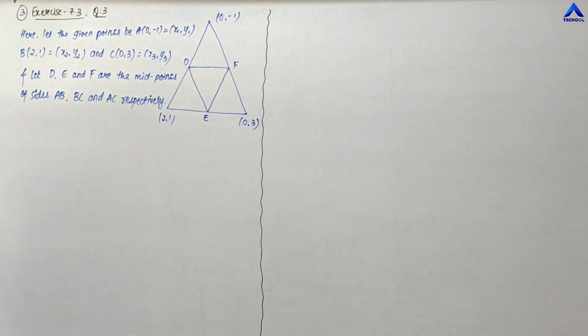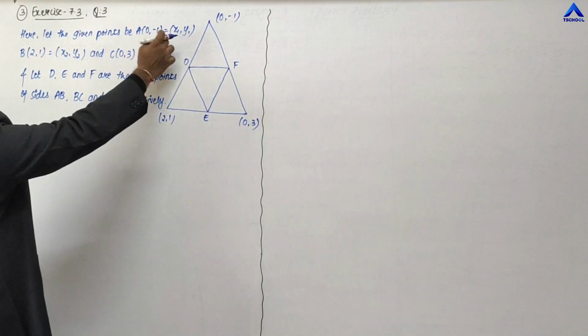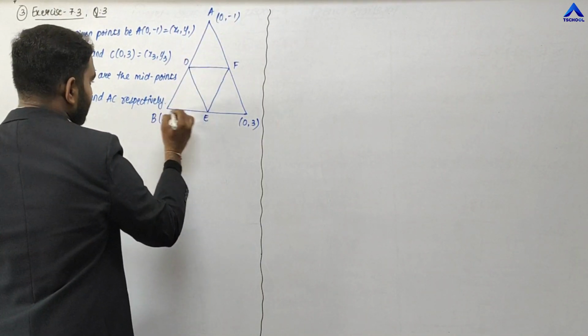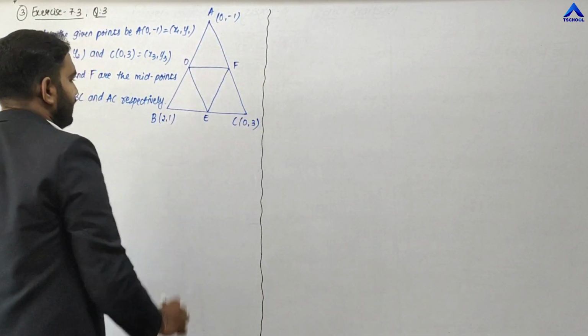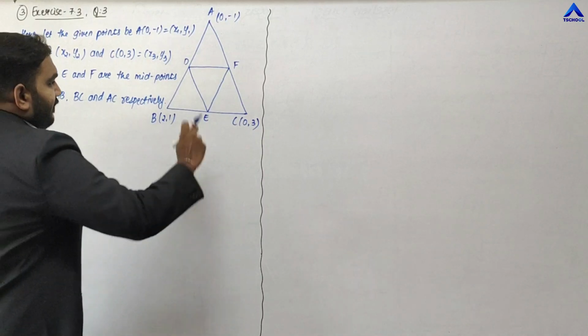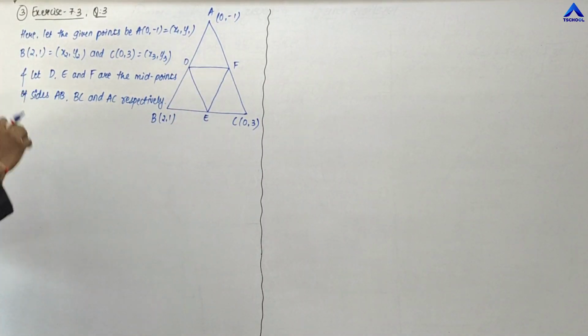Right? So we have taken 0, -1 as A, so this will be your A, this is your B and this is your C. Now we need to find out the coordinates of D, E and F first of all, then we need to find out the area of this triangle, and then we need to find out the ratio of the areas.